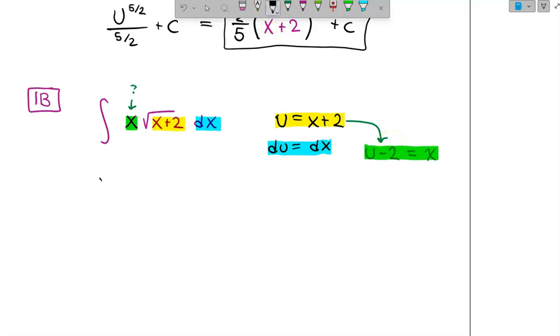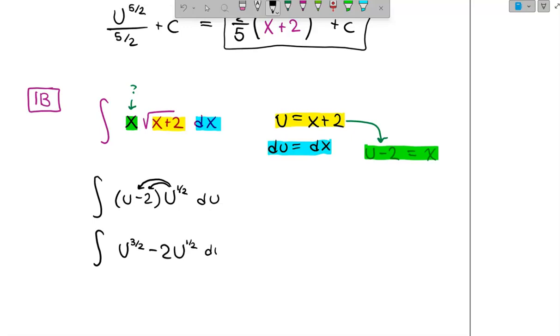So that would now give me u minus 2 times u to the 1/2 du. From there, we still technically can't integrate it yet, but now at least we're in terms of u, and I can distribute across the u minus 2. This would give me u to the 3/2 minus 2u to the 1/2 du.